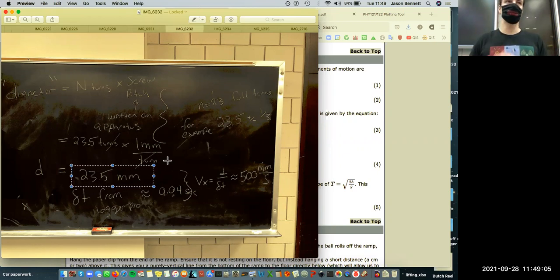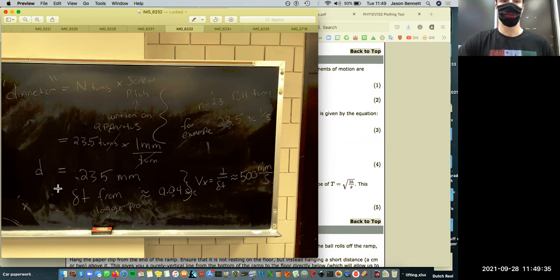It doesn't matter if you use millimeters, centimeters, or meters, but you have to stay consistent throughout the whole lab. If you want to measure the height from the desk and your range in centimeters, which I think is a good idea, convert this value to centimeters. So for instance, this is 23.5 millimeters or 2.35 centimeters. That just keeps things consistent.